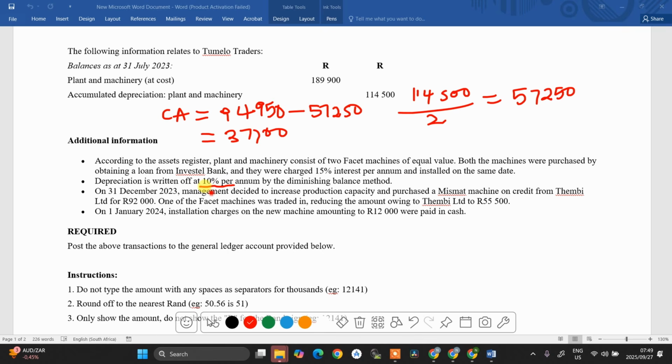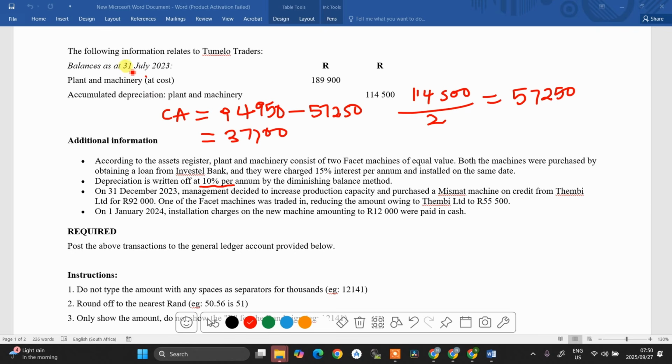So it reduces in value at 10% for the whole year. If the machine is not used the entire year, what you're supposed to do is to calculate the number of months for which this machine was used, then divide by 12 to get the fraction of the year for which this machine was used. Okay, so let us look at the information given here.